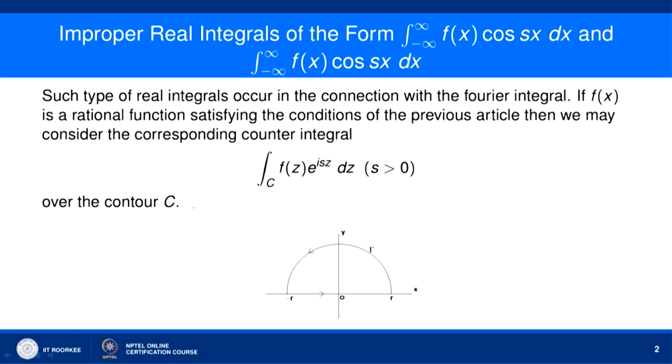Now, the contour C consists of the semicircle with center at the origin and radius r, which we denote by gamma, and the line segment from minus r to r along the real axis.